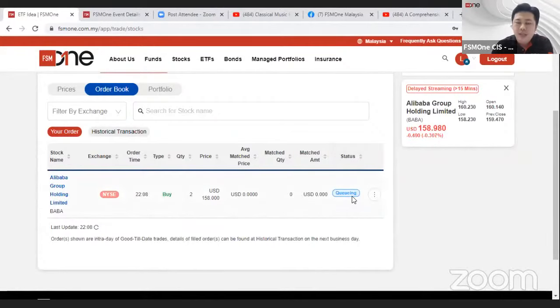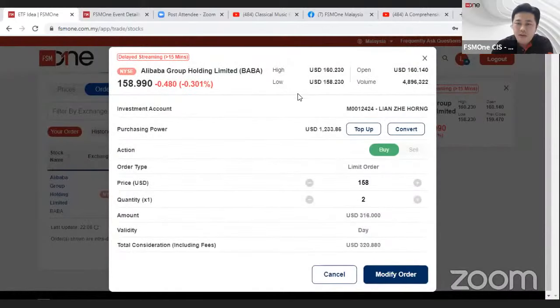Queuing means this particular transaction is still in queue because it's not filled yet, not matched yet. So this will be the action button. I can modify the order, or I can cancel the order if I do not want this particular order. For example, if I modify the order, it will bring you back to this particular page.